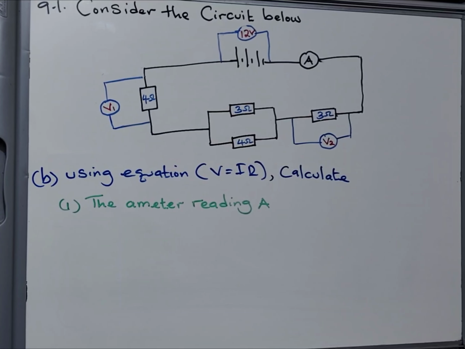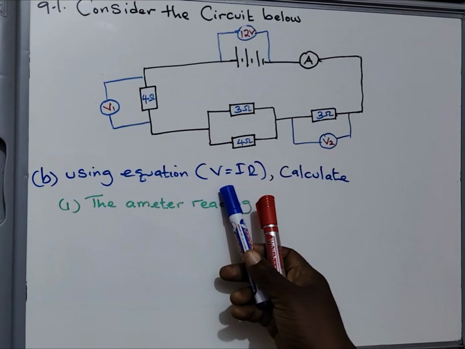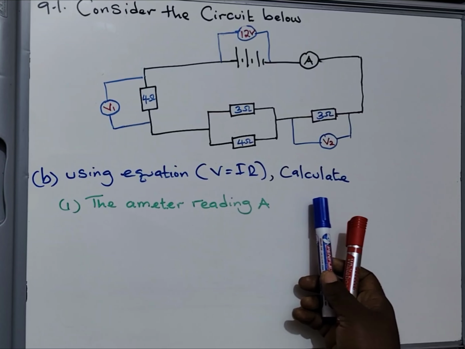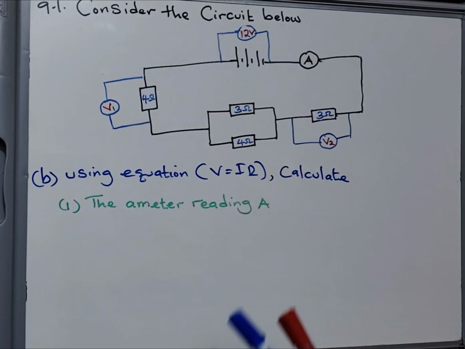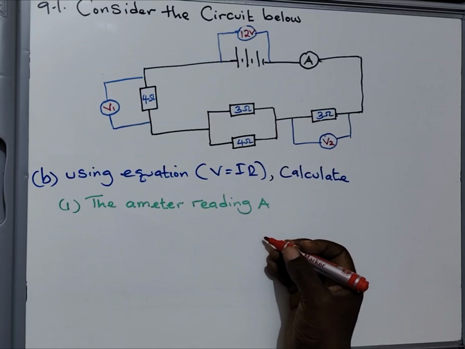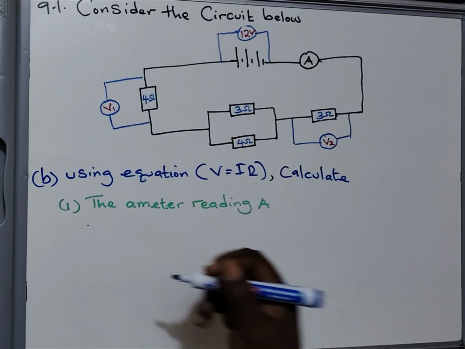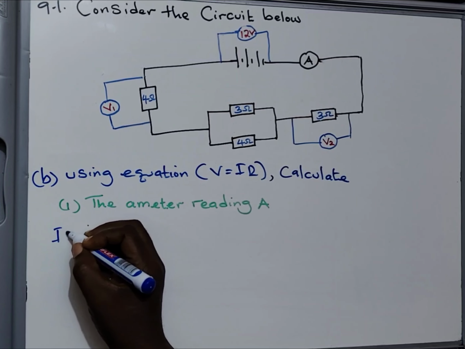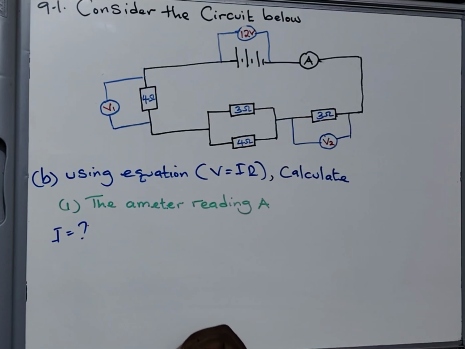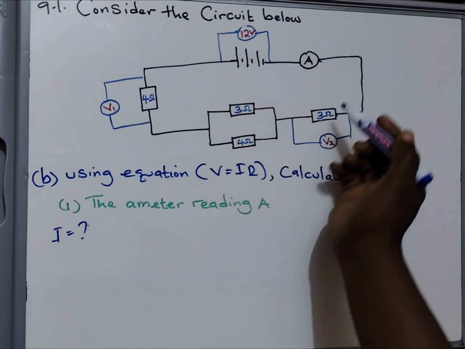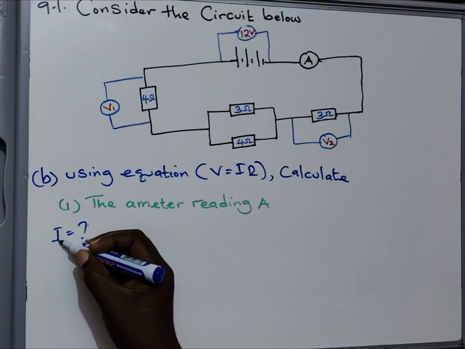So now comes this question. It says that using the equation V is equal to IR, calculate ammeter reading A. How do you go about this? Okay, this is what you have to know. We are looking for I, and A reads I total.